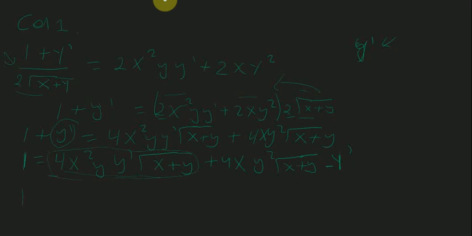So here you will have 1 minus 4x squared y prime square root x plus y equals the negative sign, then we have 4 with a y squared. So we move 1 minus y squared.